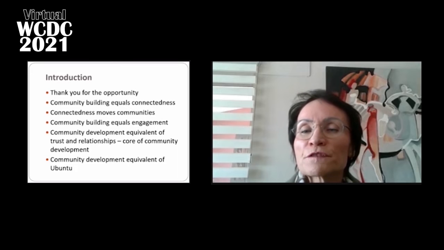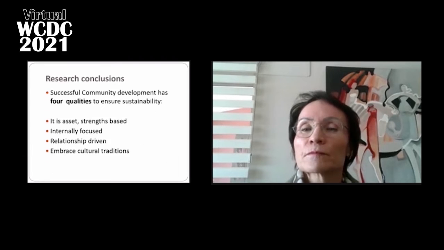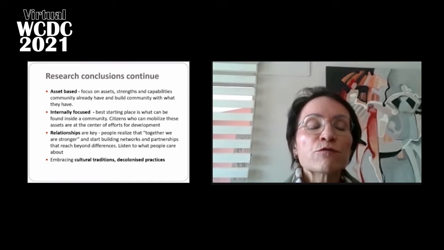The second is that communities should be internally focused, the third is that relationships are core, and the fourth is that it should embrace cultural traditions. I want to explore these 4 features a little more.